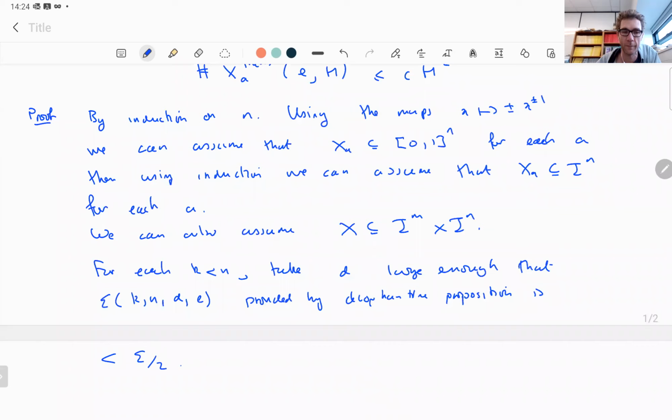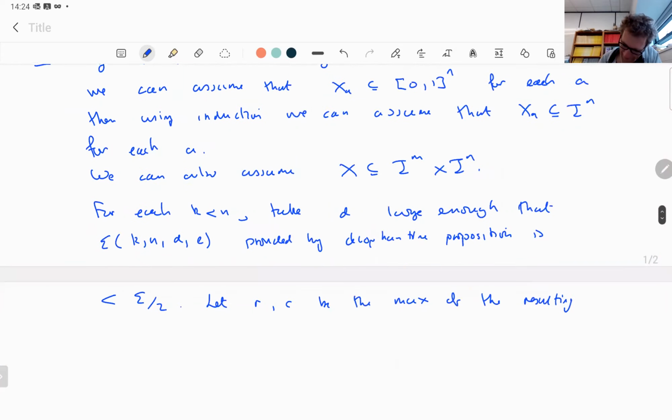And then for each k, I get an r and a c, and I let r and c be the max of the resulting r and c constants.